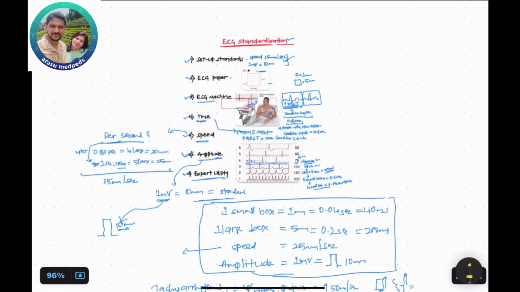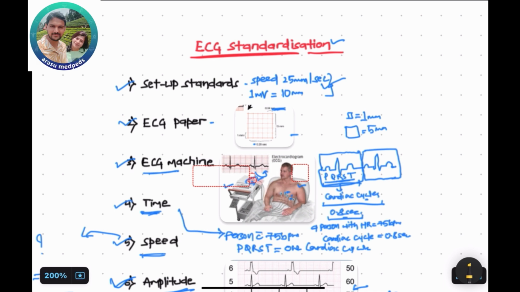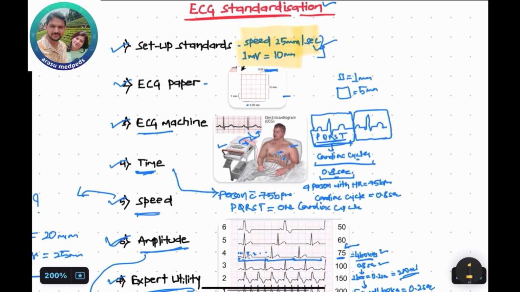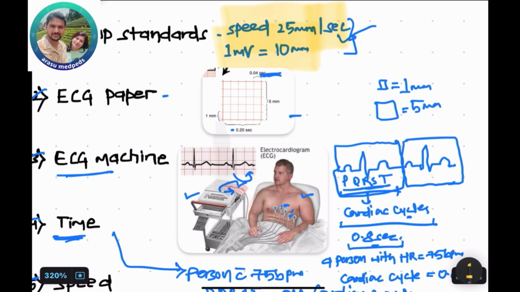So to summarize, in ECG standardization, we discussed already set up standards. That is, paper should be 25 mm per second and 1 millivolt should give rise to a 10 mm spike. And in the paper, there will be small boxes and large boxes. Small boxes will be of 1 mm and large boxes 5 mm.